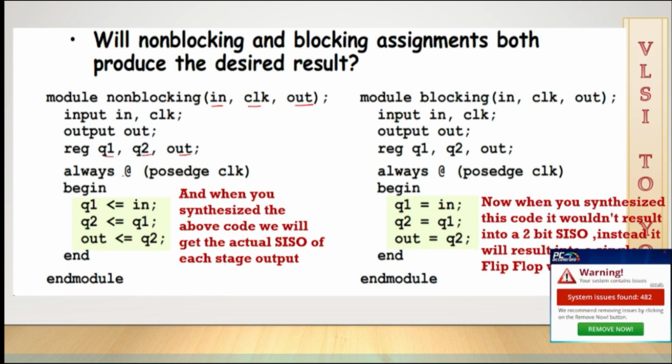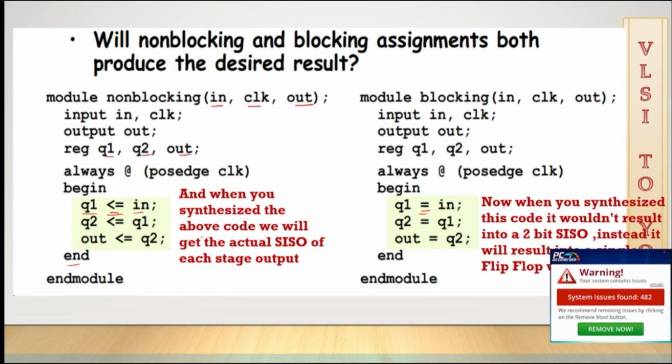Now, always at the positive edge of clock, begin and end. Within begin and end, I am taking three statements: Q1 equal to input, then Q2 equal to Q1, and then out equal to Q2. In these two examples everything is the same; only that I am using non-blocking in one and blocking in the other.